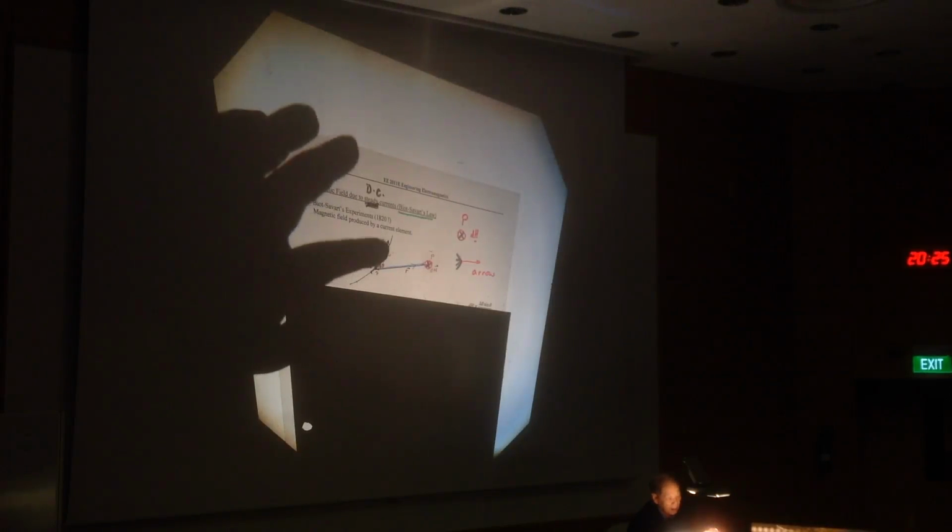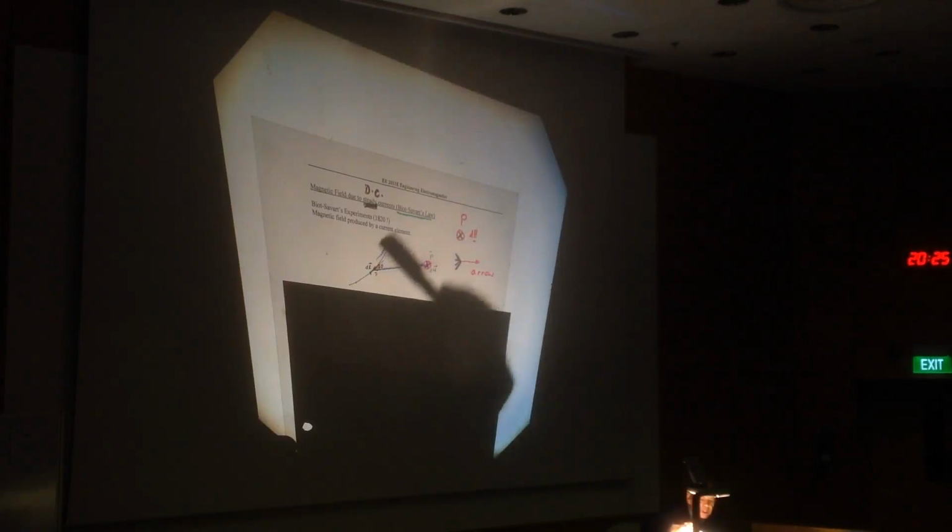Strictly speaking, it's not correct. But for the sake of illustration, I'm assuming that this is part of a closed circuit. I pick only part of it. Otherwise, this will not satisfy continuity of current. Of course, this is part of a loop somewhere.